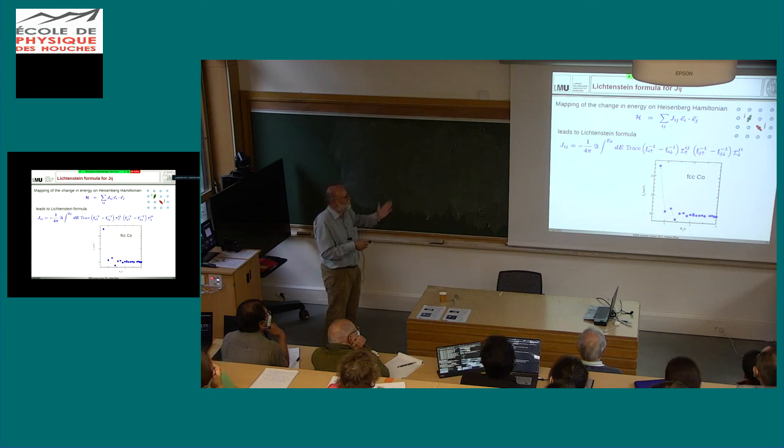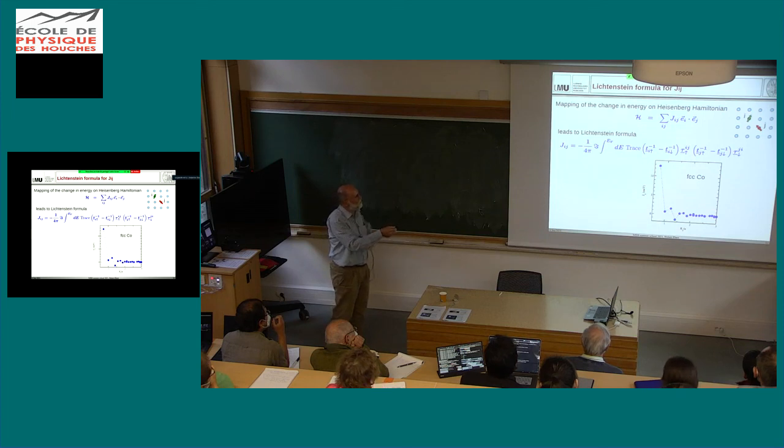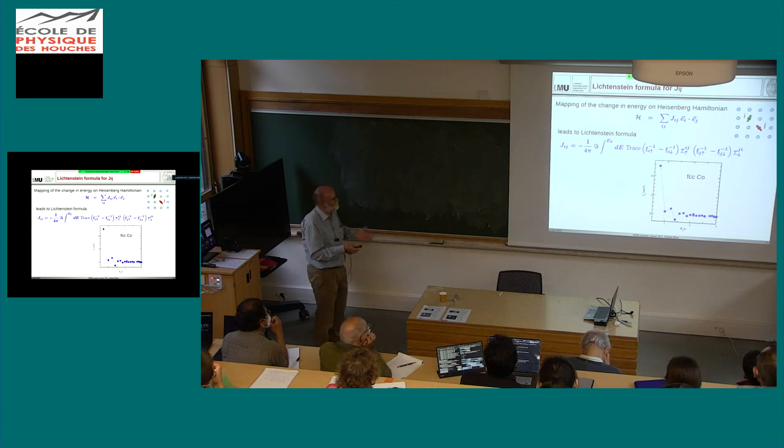The exchange coupling at the end, if you change the orientation of two moments at sites I and J, and using the expression before and mapping it to the Heisenberg Hamiltonian, we have now a handle to calculate the exchange coupling parameters. So these are no more adjustable parameters that way. You can really deduce them from your band structure calculation using Green's function in terms of the scattering path operator.